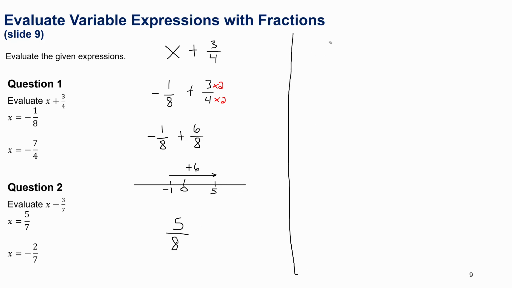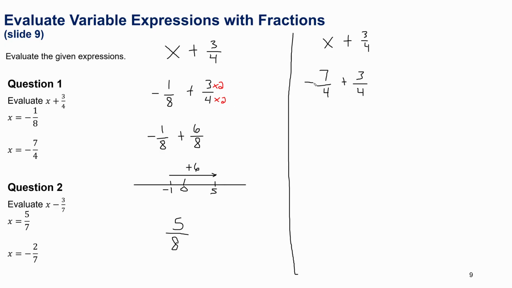Let's look at the second variable now. So we have x plus 3/4, and now we're asked to solve when x is equal to negative 7/4. So I am going to again replace the x with negative 7/4. What's interesting about this one is we already have a common denominator, so I don't need to do that initial step I did in the negative 1/8 example.